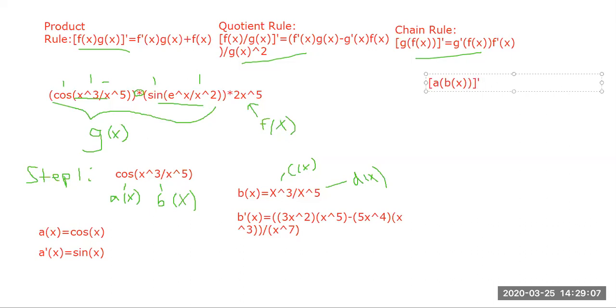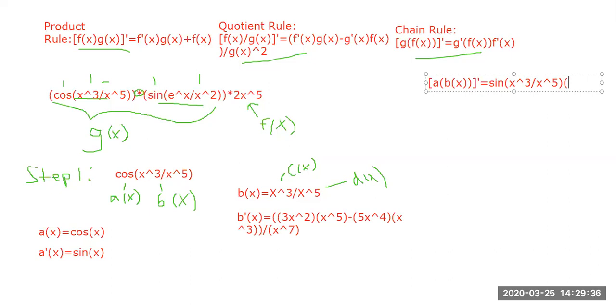prime, meaning the derivative, equals, okay, so we got a prime of x is sine, so sine f of x, which is b of x, would be x to the 3rd divided by x to the 5th. And then we got times f prime of x.